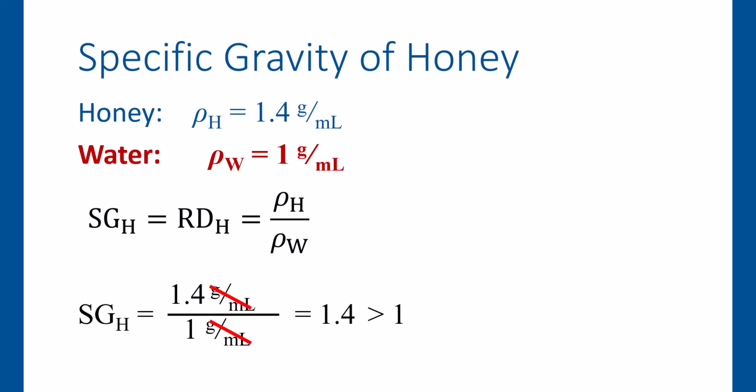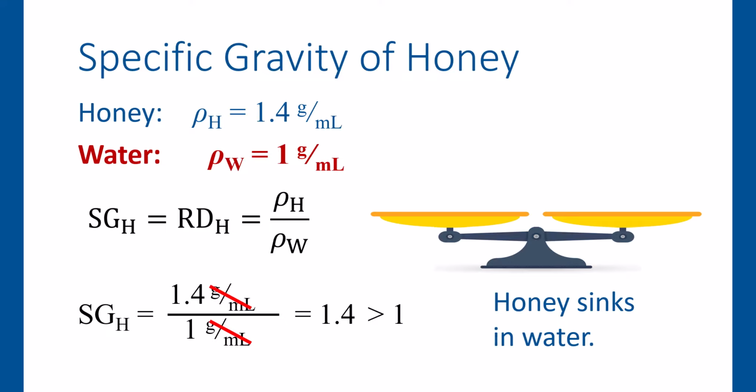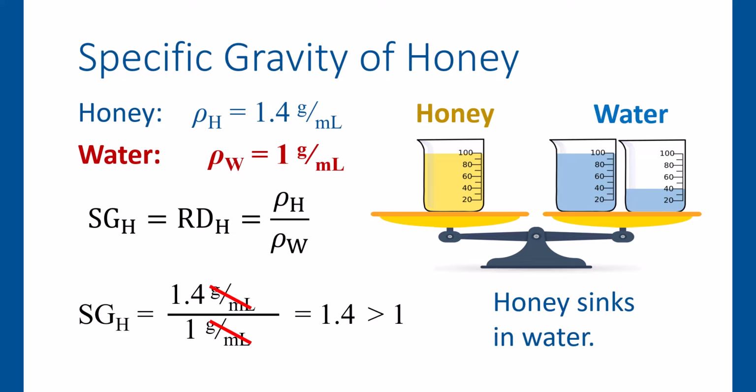This is greater than 1, which means honey sinks in water. If you have ever put honey in a cup of tea, you have seen this happen. Because honey is more dense than olive oil, it takes more water to balance a cup of honey than it took to balance a cup of olive oil. We need 1.4 cups of water to balance a cup of honey because the specific gravity of honey is 1.4.